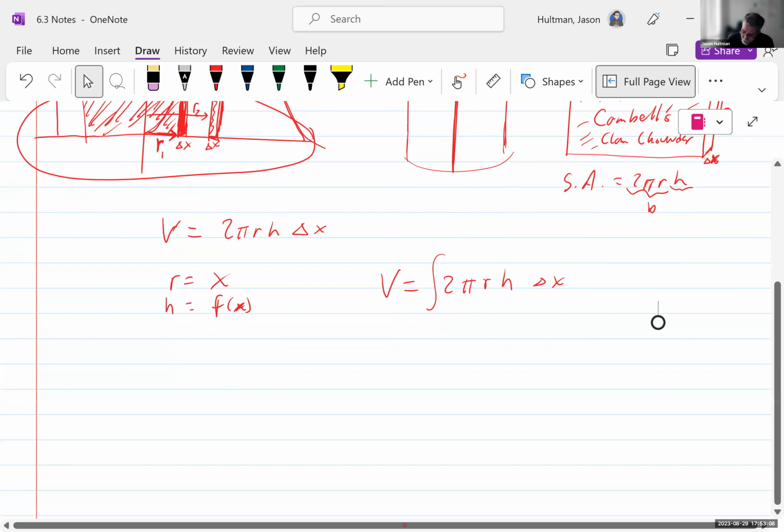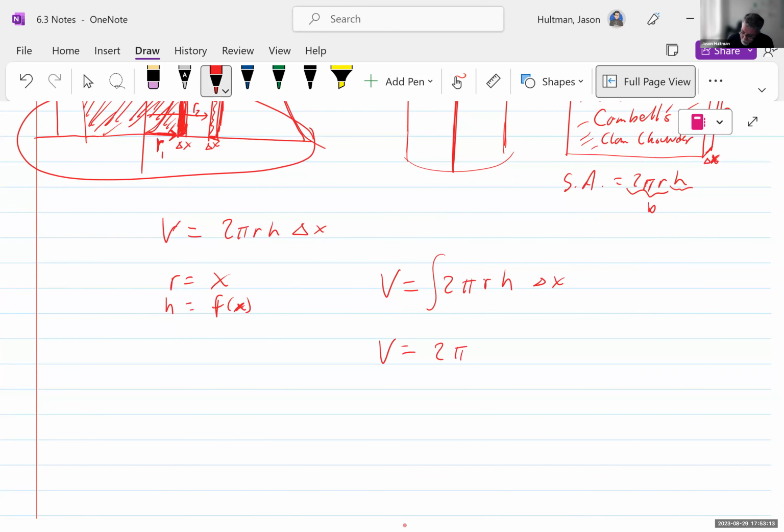The volume is equal to, I'm going to pull the constants out in front, 2 pi, from a to b. I can have my limits there. What was h? h was f of x. And what's r? r is x. And then what's h? h is f of x.